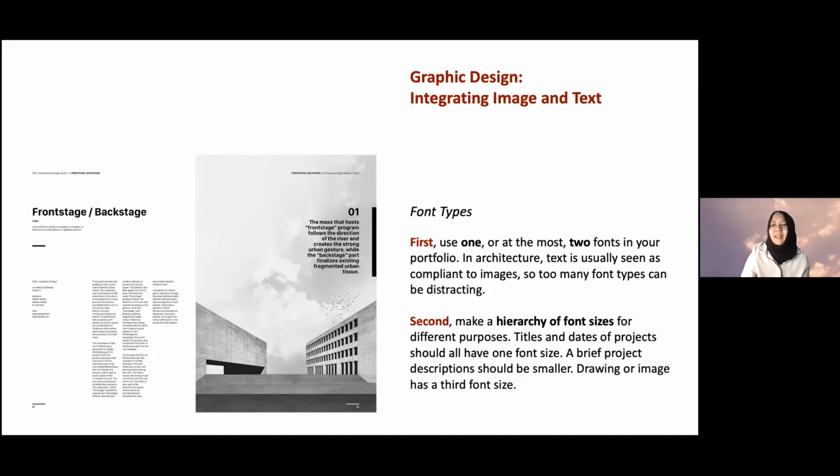And then a drawing or image has a third font size, for example, a more detailed piece of information or the paragraph itself. So make a hierarchy of font sizes.